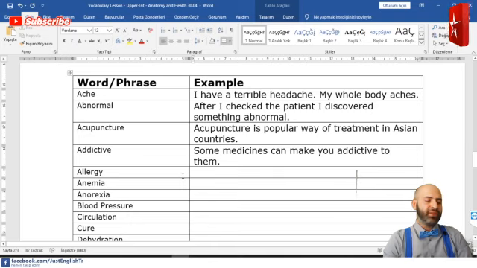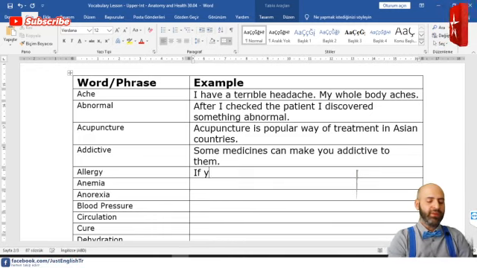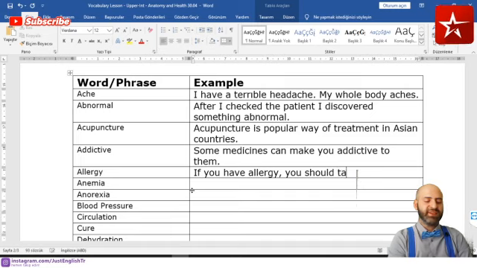Allergy. Everybody knows what allergy is, and I'm sure in all languages allergy is the same. But I will try to use it in a sentence, and I will teach you one more word related to allergy. If you have an allergy, you should take antihistamine.